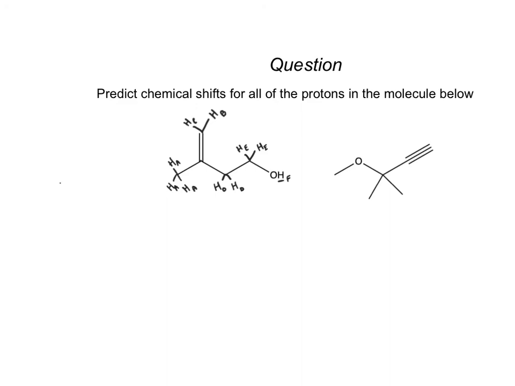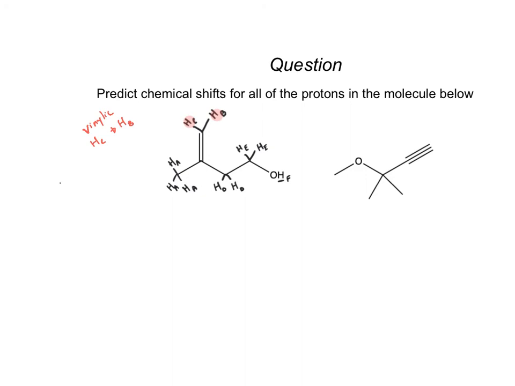Okay, so we're going to utilize those values that I gave you in the previous table. I'm going to start with HC and HB. These are what we would call vinylic protons, right? So these two are vinylic protons, HC and HB.